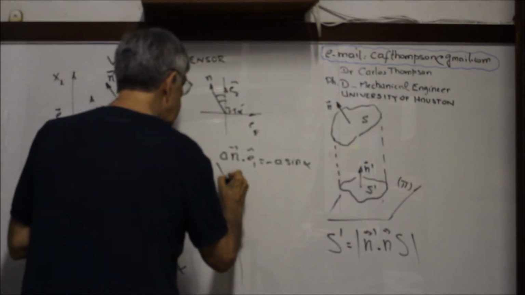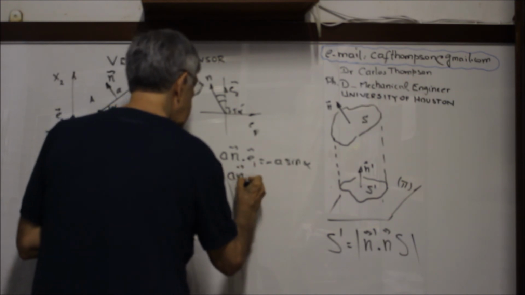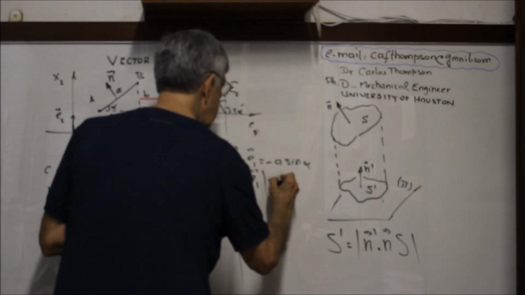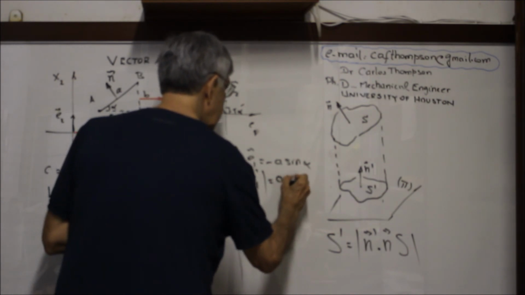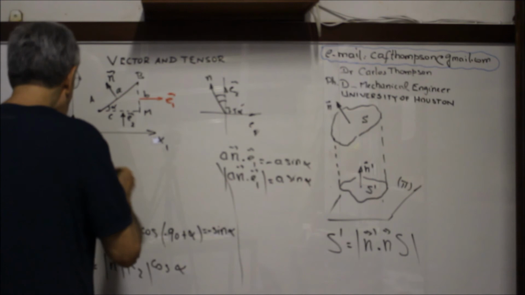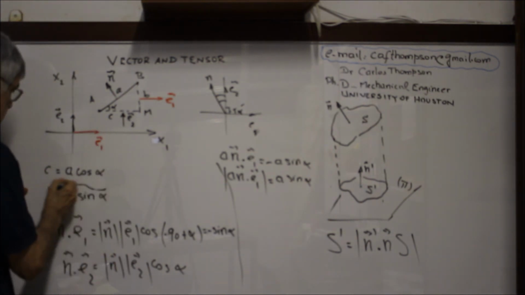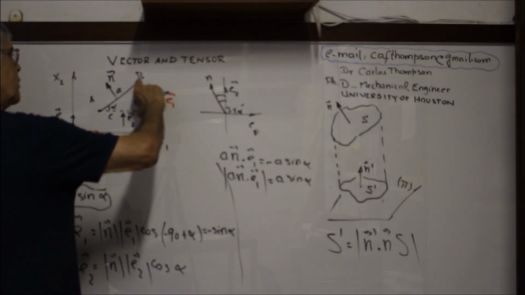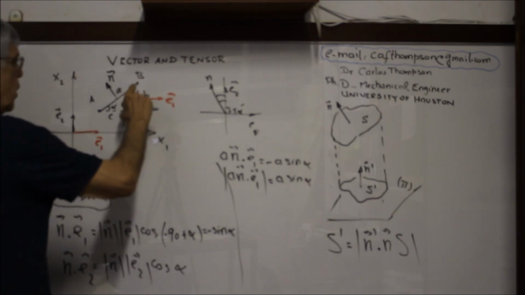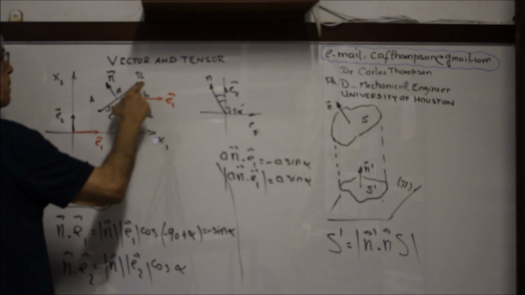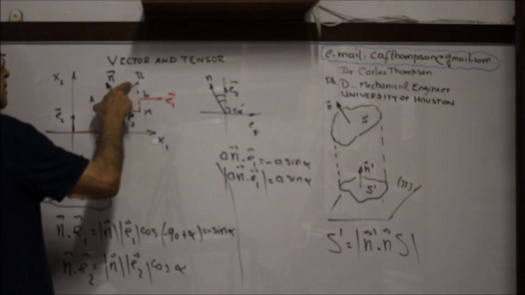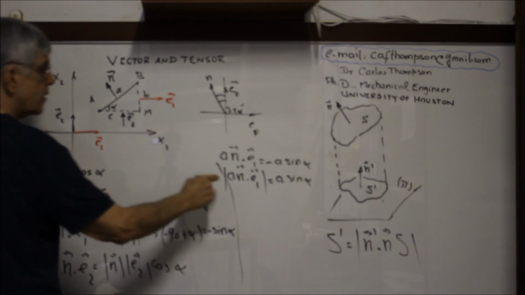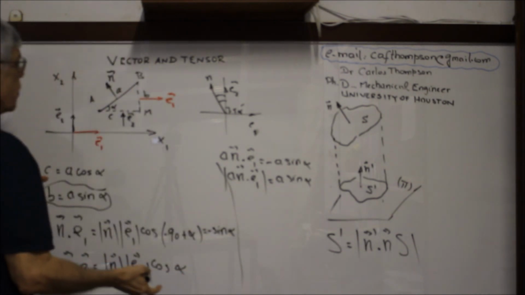The magnitude is equal to A sine alpha. What is A sine alpha? You see, A sine alpha is just B. B is the projected segment in this x2 direction. That's why you have A sine alpha.